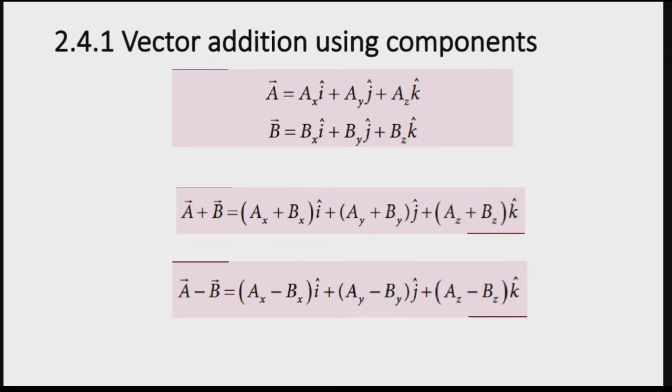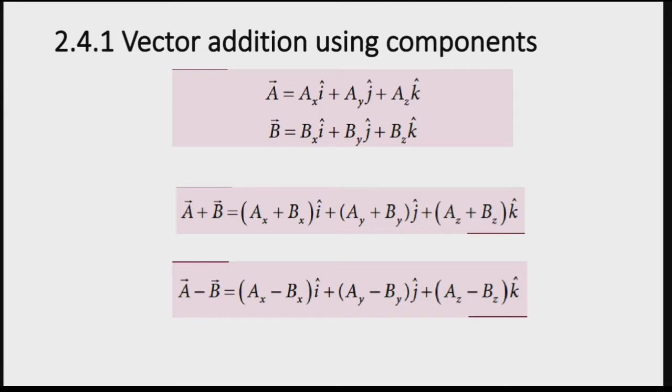A vector plus B vector is equal to (Ax plus Bx) i cap plus (Ay plus By) j cap plus (Az plus Bz) k cap.